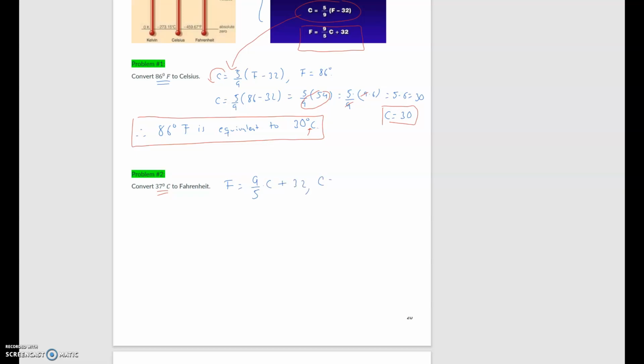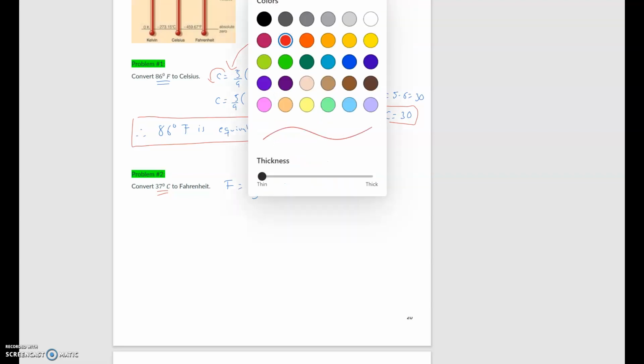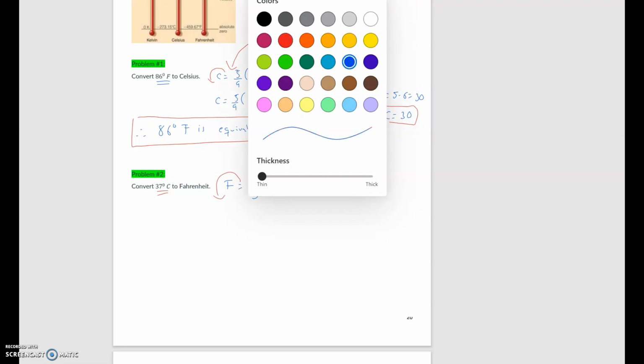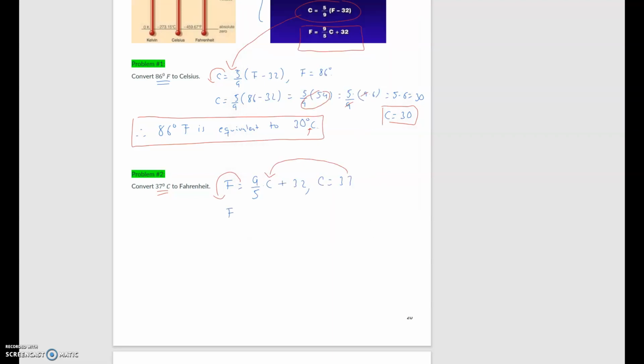And then technically C is equal to 37 in the formula. Let me rewrite it. This one, we're going to end up with a decimal. So F is equal to 9/5 times 37 plus 32.